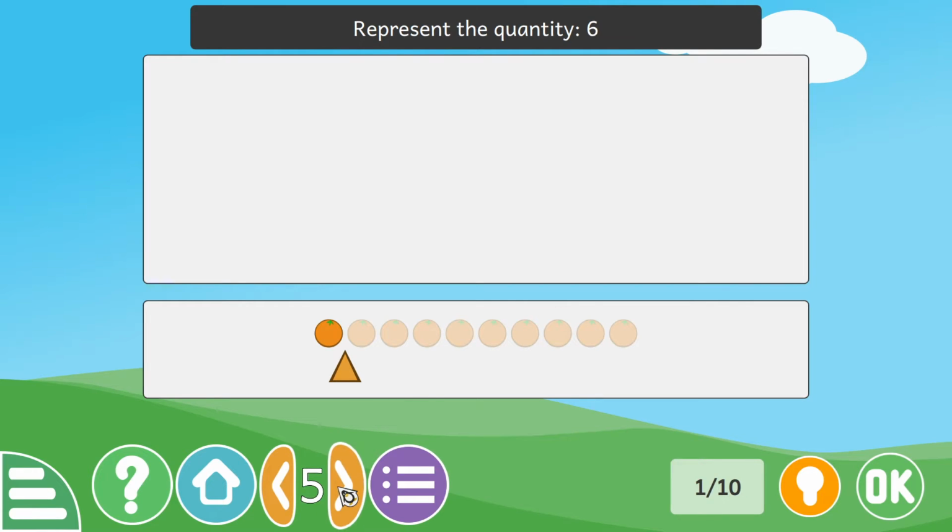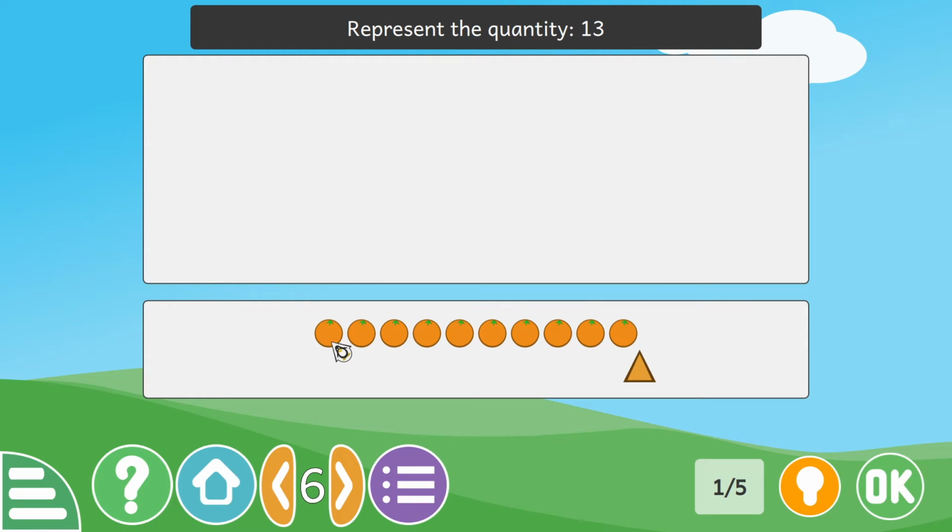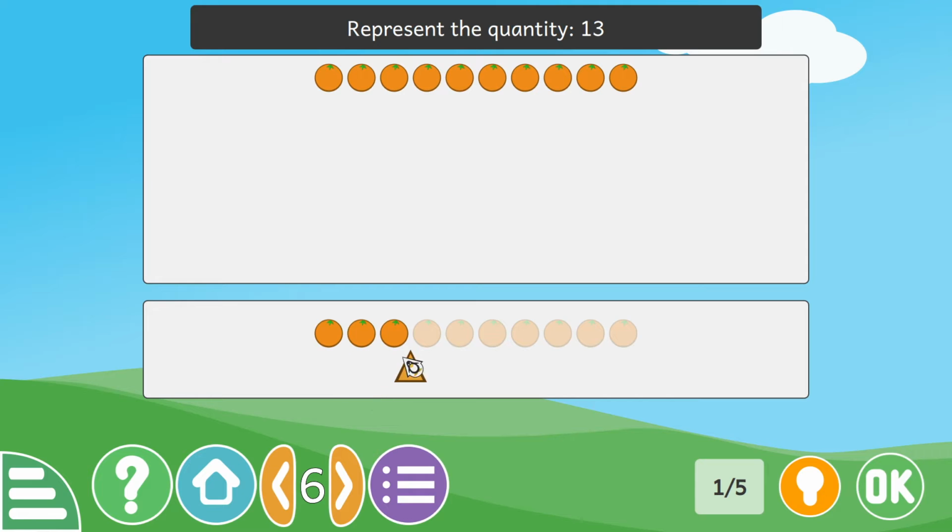I'm going to skip some levels here, so that we can start working into the teens, the numbers above 10. So I've got 5 oranges selected, 6, 7, 8, 9, and then 10. So I move 10 oranges up, and then I give them 3 more. I can give them 13.